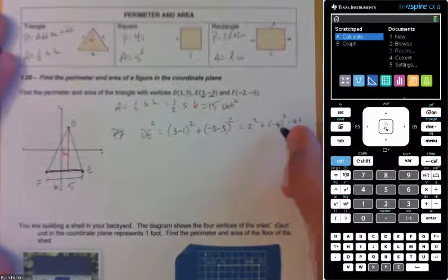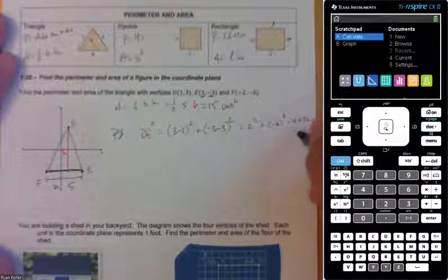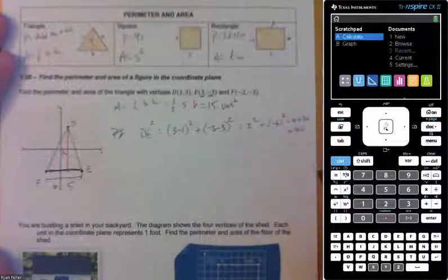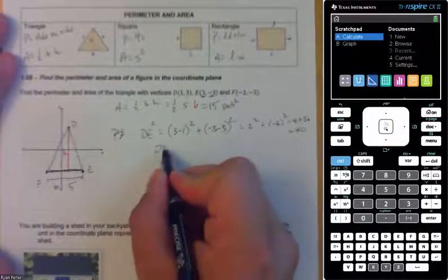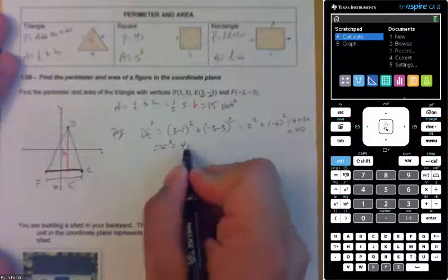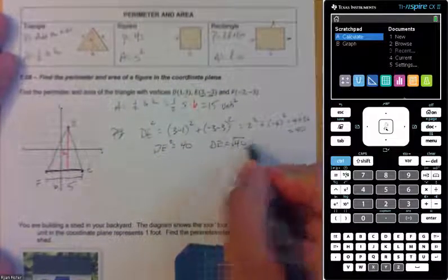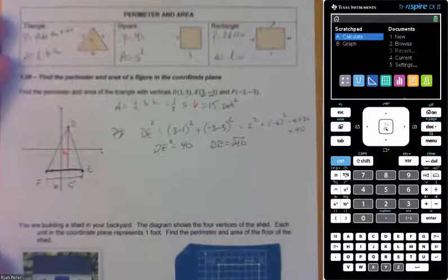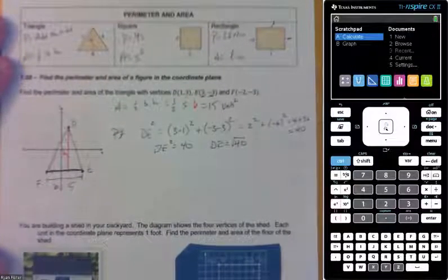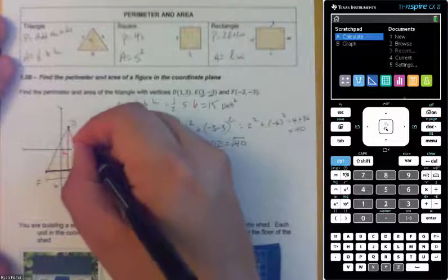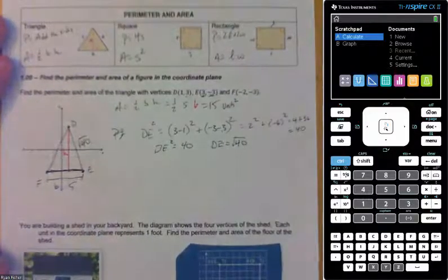Negative 6 times negative 6 is 36, which is 40. So DE squared is 40, so DE is the square root of 40. So this length is square root of 40.